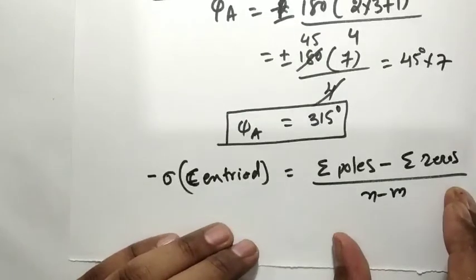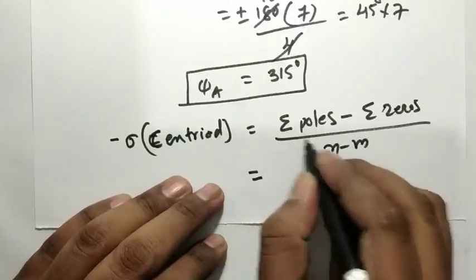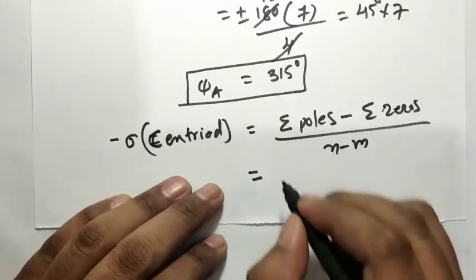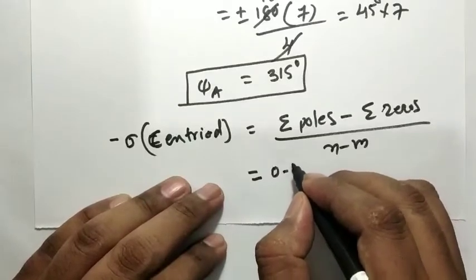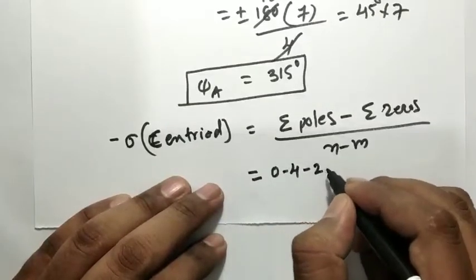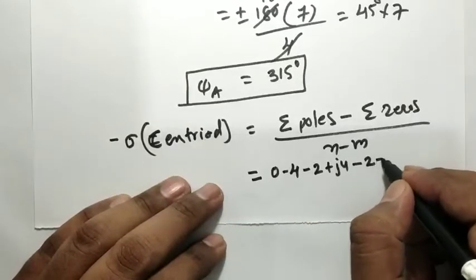Here the poles are s is equal to 0, minus 4, minus 2 plus j4, and minus 2 minus j4.